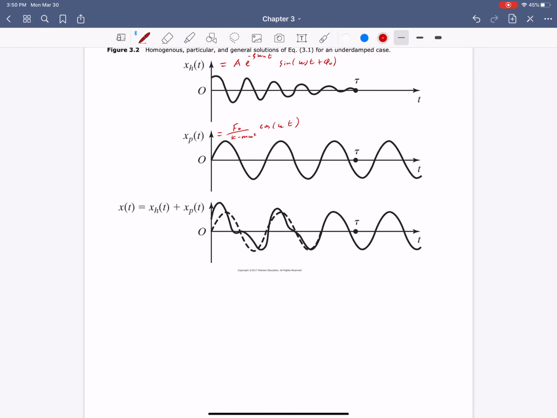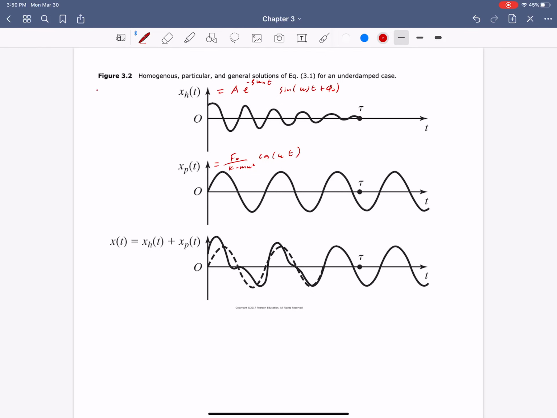So this is the homogeneous solution, and this is the particular solution. The homogeneous solution, as long as zeta is greater than 0, is going to eventually decay out. The particular solution, which depends upon the forcing function, goes on forever exactly the same, assuming your forcing function isn't changing, which we're not ready to deal with yet. Life's complicated enough, Dr. Hildreth.